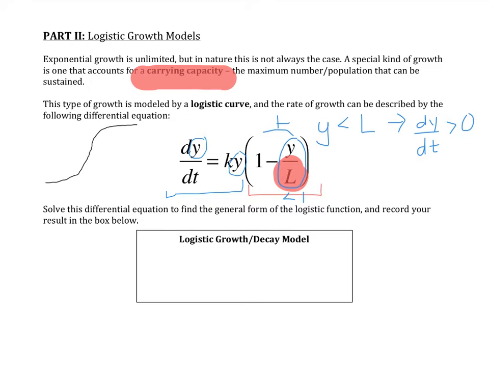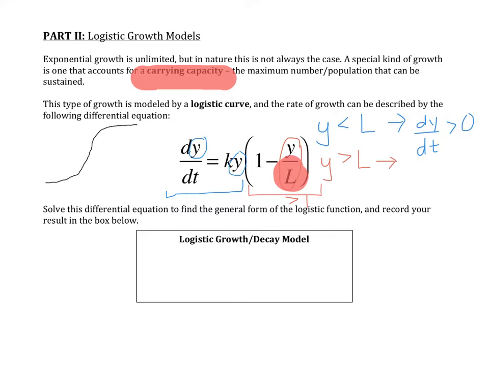Okay, so let me just take some of those markings away because I'm going to attempt to do this again. All right, so now let's see what happens if y is greater than L. If the population is greater than the carrying capacity, or exceeds the carrying capacity, well, if y is greater than L, then this second term here is now greater than 1.